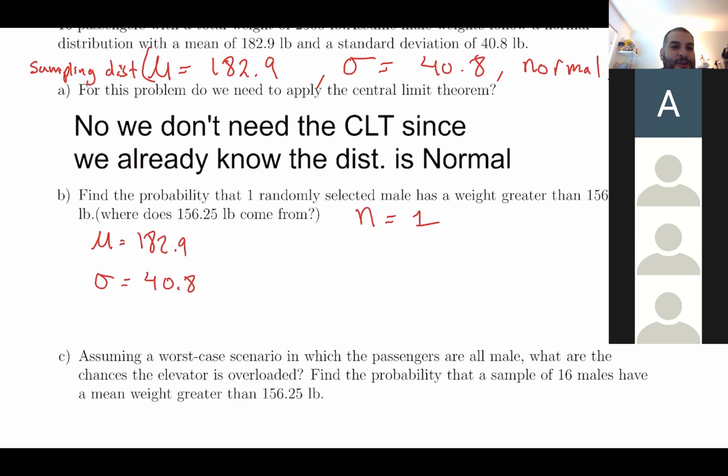So when n is equal to 1, you don't do anything to the mean or to the standard deviation. They stay the same. 40.8 is from here. Everybody get why the mean and standard deviation don't change?